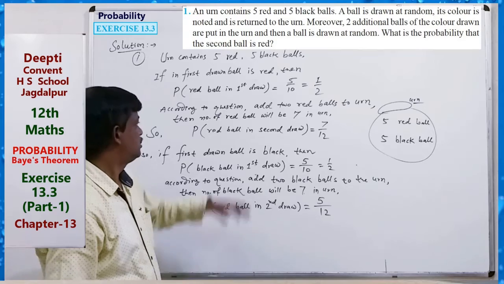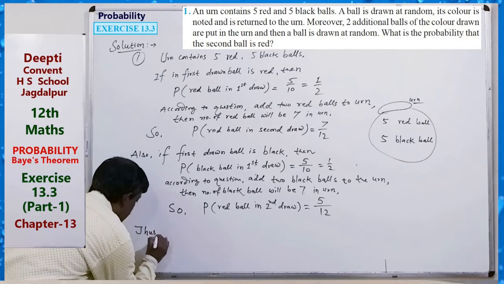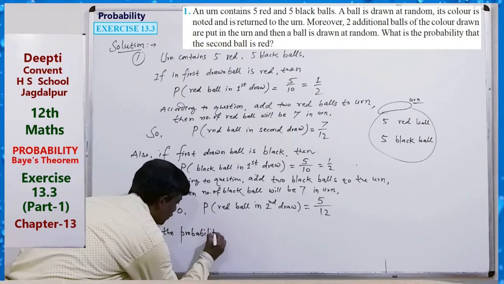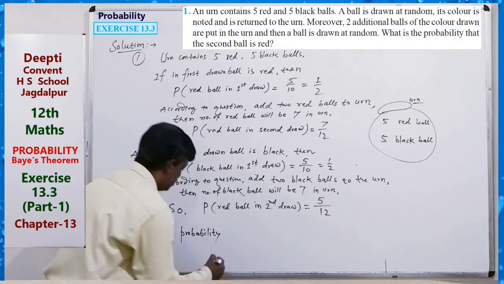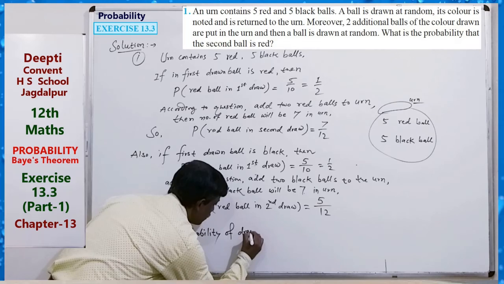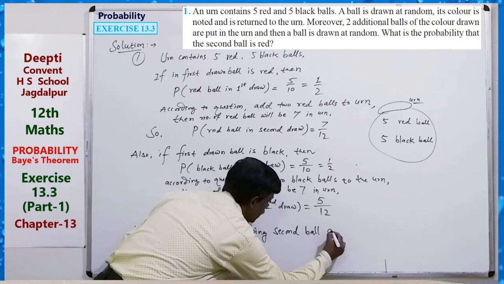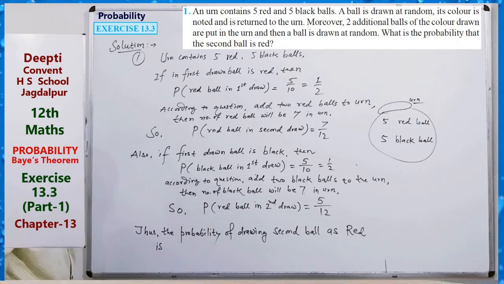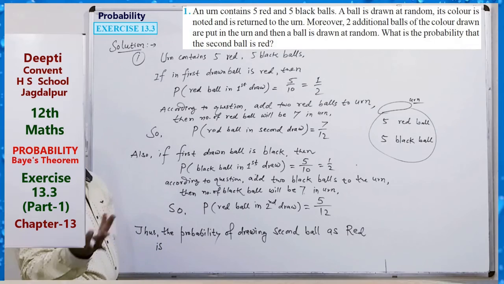Thus, the probability of drawing the second ball as red is, this situation and this situation, both will be added.